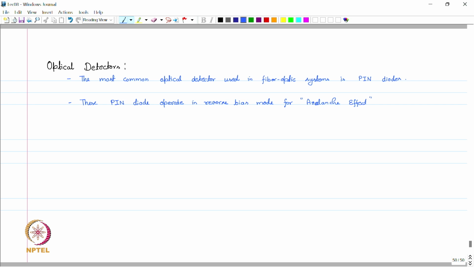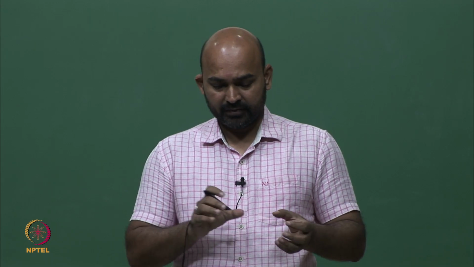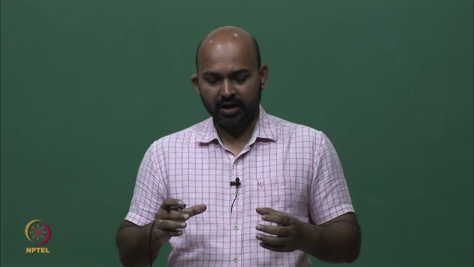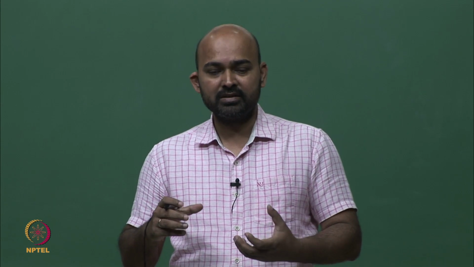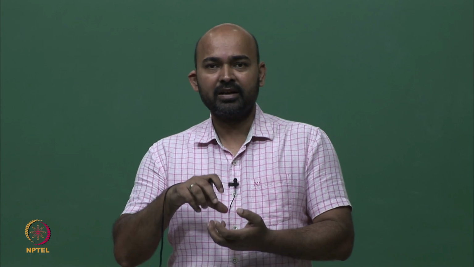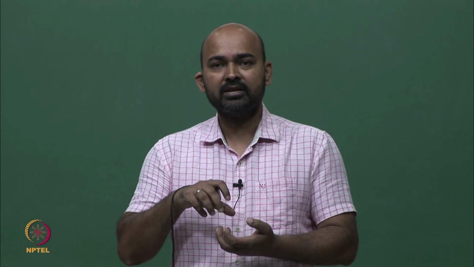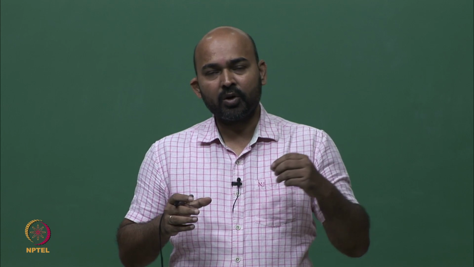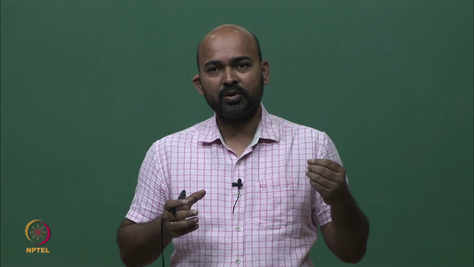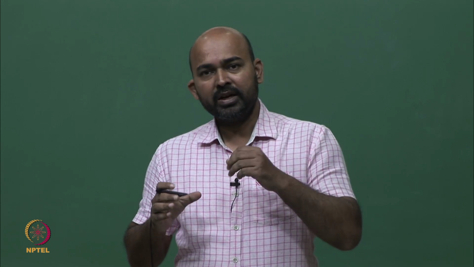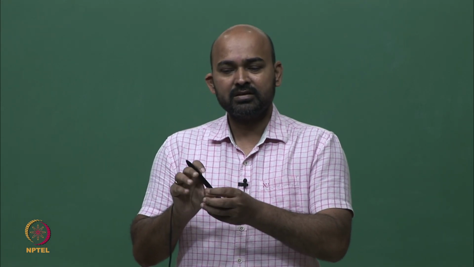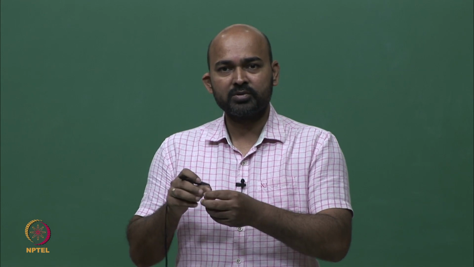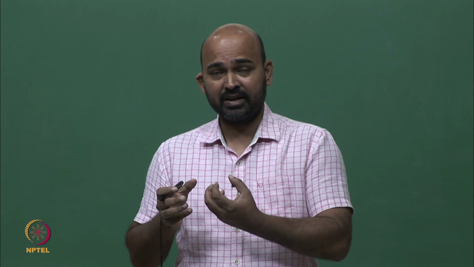So, these PIN diodes, which are positive intrinsic and negative, have this structure. We always apply a reverse bias voltage across these devices, so that we have a very high electric field built up inside the device. When a photon comes, it has a particular energy. When this photon hits this area of very high electric field, it generates an electron hole pair corresponding to how much energy it is carrying.